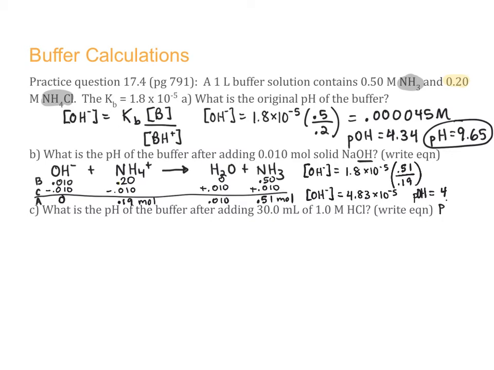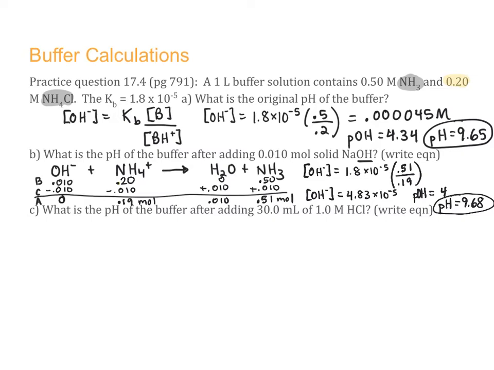And the pH is 9.68. I must have not written all the decimals for the pOH when I put it in my calculator. So notice the buffer did its job and the pH really only changed very slightly, and it went up because this is a base that was added to it, but it only went up a very, very small amount.